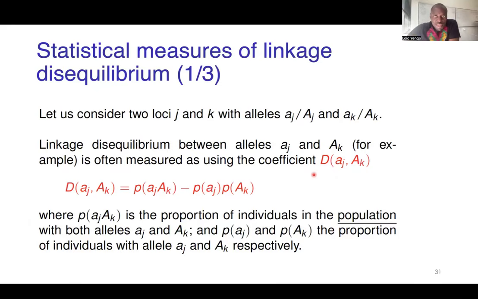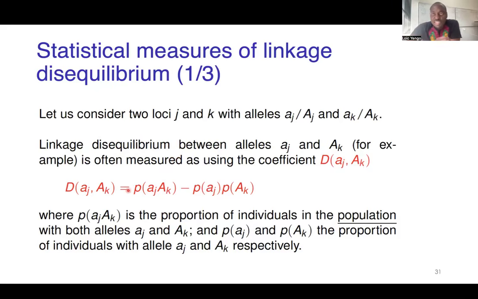And so linkage disequilibrium is a statistic that we will apply between alleles at different loci. For example, we will define the linkage disequilibrium between allele small a_J and capital A_K at locus J versus locus K. And the way we're going to define it, you will see it's actually quite intuitive.